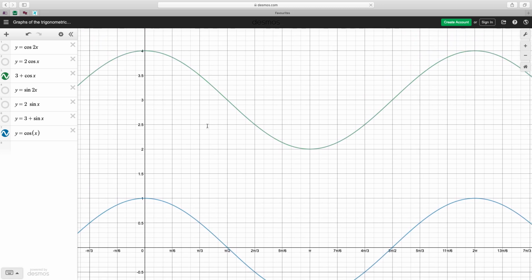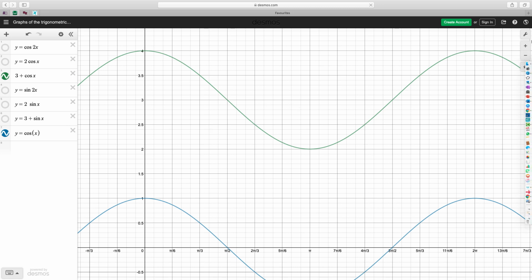It now starts at 4. The period is still the same. It still revolutionizes every 360 degrees. And the range is still the same. It goes plus 1 and minus 1. The only difference is your range is now 4 and 2 because of the 3, after shifting up 3 spots.